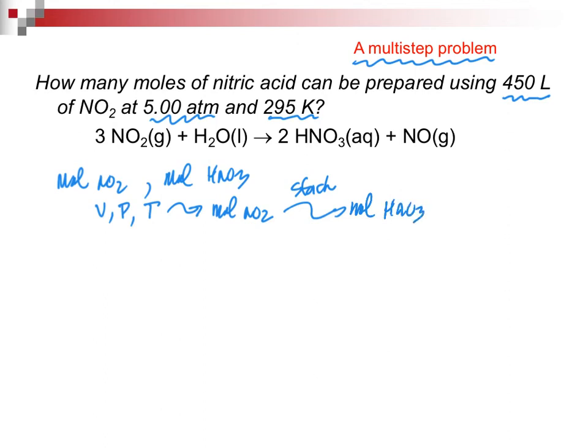And again, this is the kind of question you'll see on a midterm, where you have to do more than one step. So what I have here is, I'll just write it out.